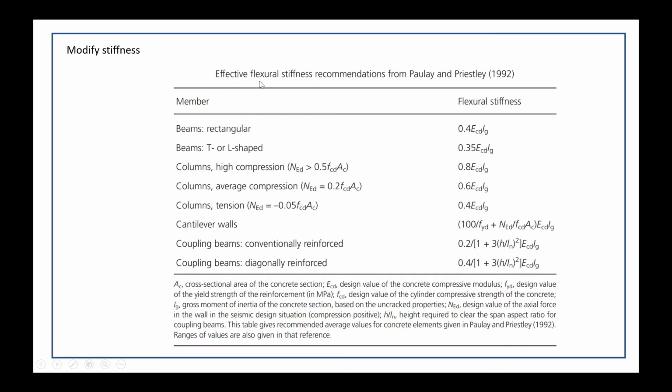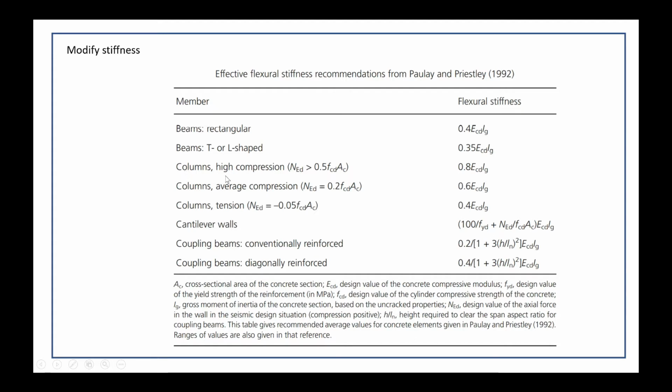And for effective flexural stiffness, the recommendation by Paulay and Priestley 1992 also depends on the members. Beam rectangular flexural stiffness, you can use 0.4 ECD multiplied with IG, and for the T or L beam 0.35 ECD multiplied with IG.